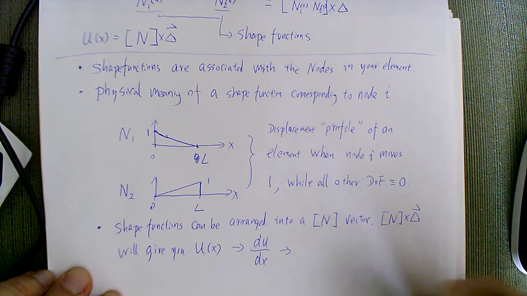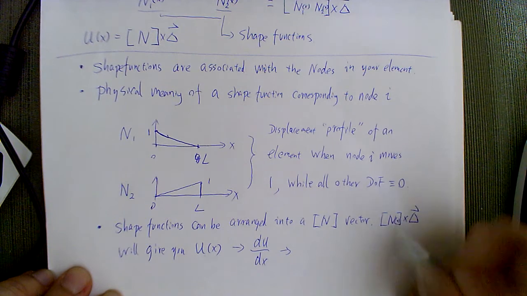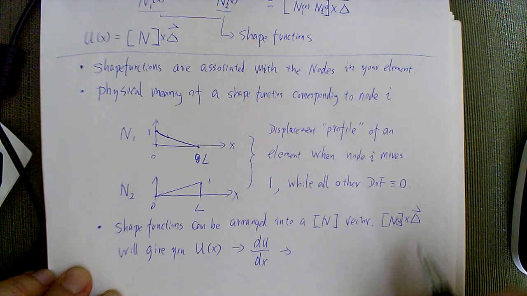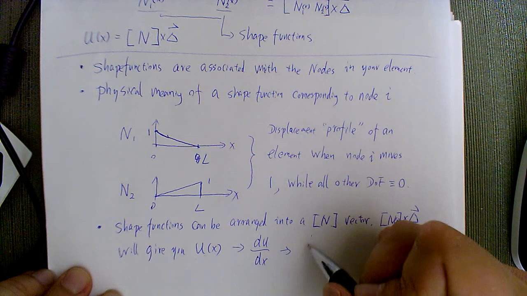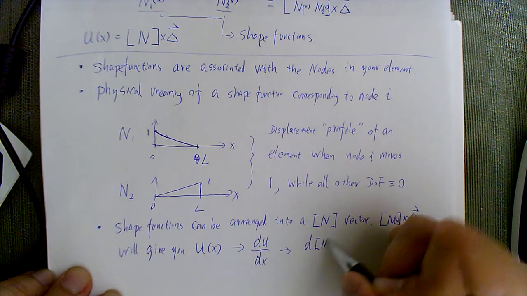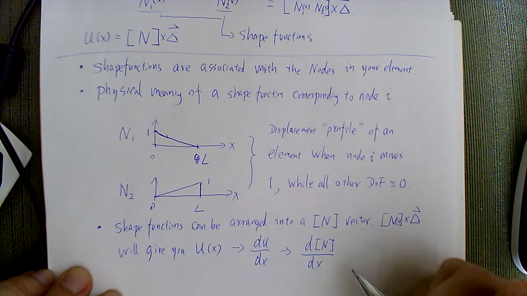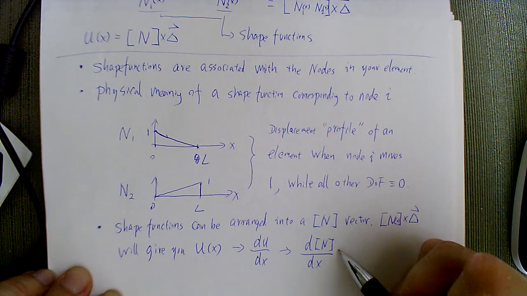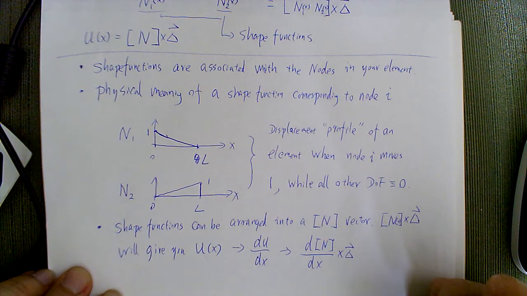But what you're really doing, if you look at this, because all the x terms are actually inside here, this guy is constant. So du dx simply becomes d of the shape functions: you just take a differentiation of each component within the shape function, and then times this, the formulation will never change.